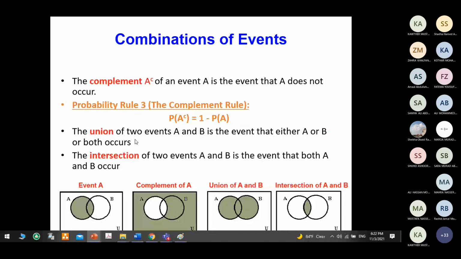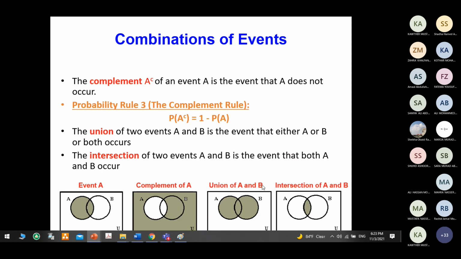Now let me define union and intersection. I define it here from this graph, it will be easy. See here, this square, the first square, is the sample space for the experiment, called U. We have event A, we have event B. You see the shaded area here? Shaded area here represents event A, only A. Complement of A, I shaded everything in the sample space excluding A. You see, I keep it without shadow.